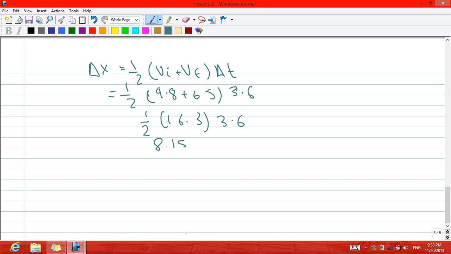We're going to have 8.15 times 3.6, which equals 29.34, which is around 29 meters, which is delta x.